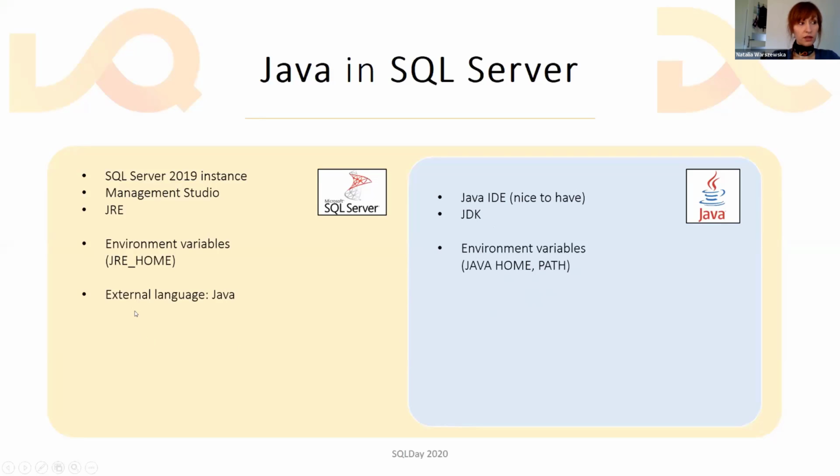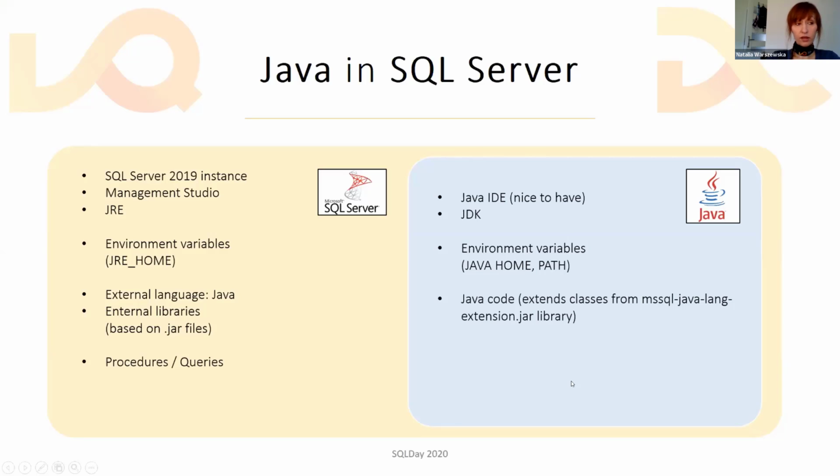On SQL Server, we then have to define the external language, which is Java, and because we are providing some code, we need to define external libraries to let SQL Server use them and know where the code is located. And of course, procedures and queries, which will support the execution on the SQL Server side. On the Java side, you need to prepare the code.